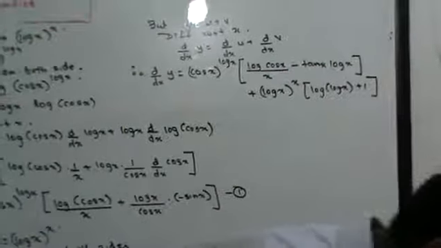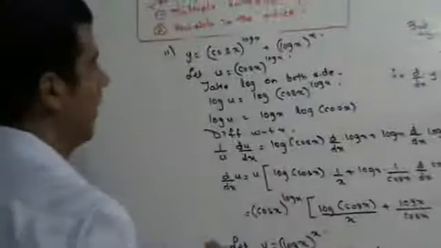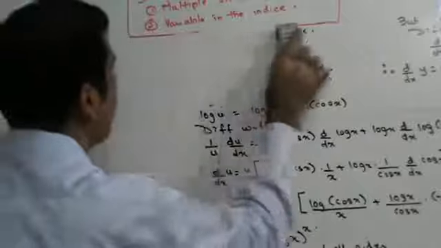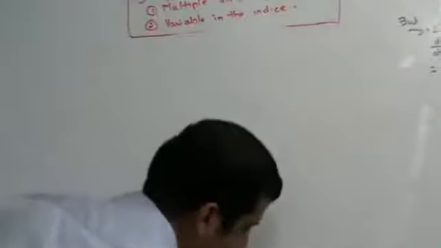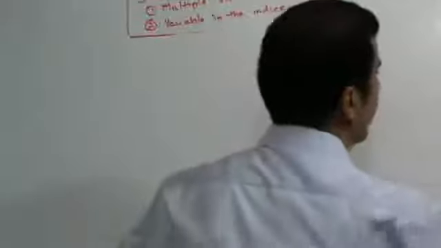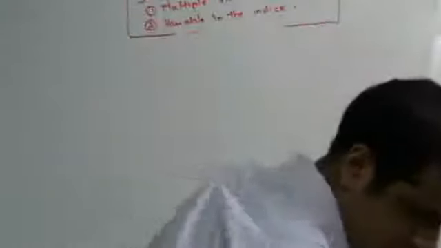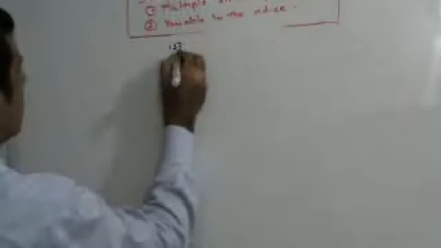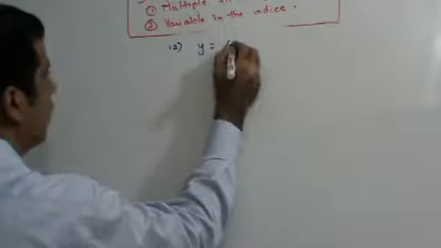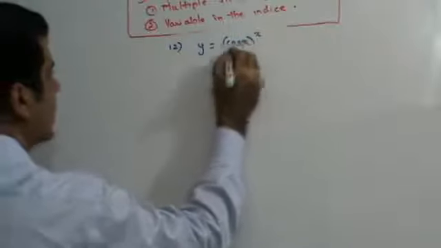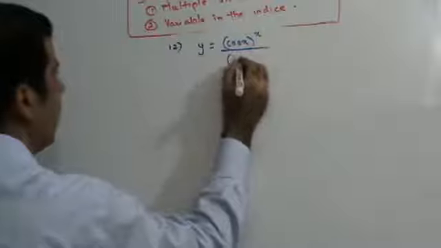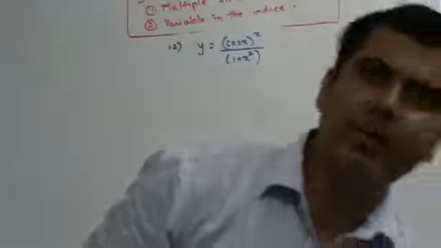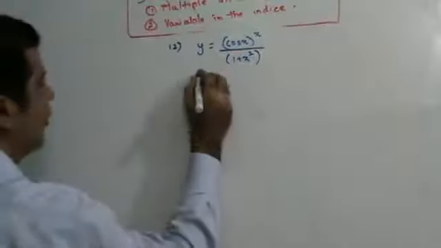The last sum for this chapter is y is equal to cos x raised to x upon 1 plus x square, right? There's a variable in the indice, that means you will take log on both sides.